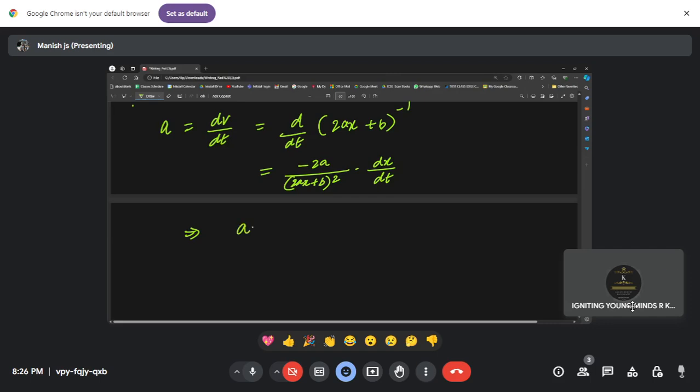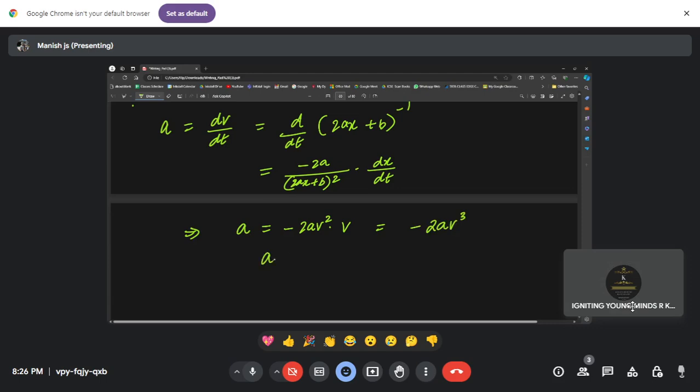So finally, you get acceleration is equal to minus 2a times v squared times v, which is equal to minus 2a v cubed.